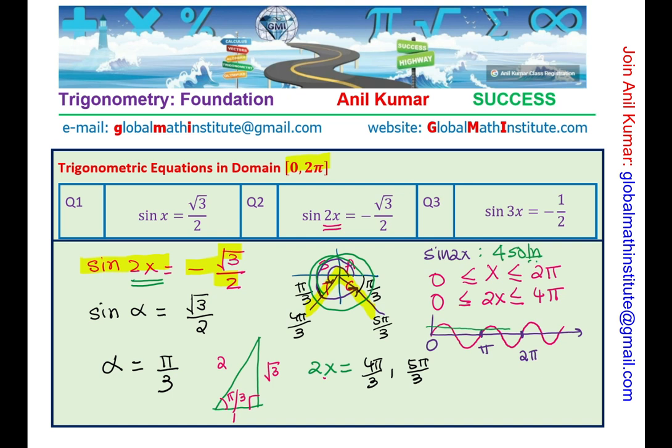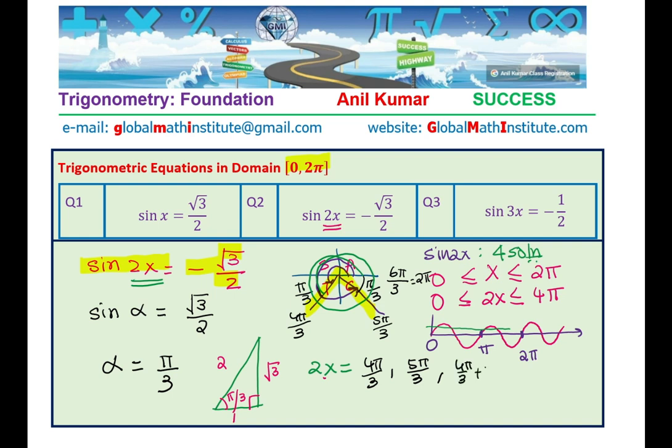So we get 10 pi by 3 after adding 2 pi. So the other two are 4 pi by 3 plus 2 pi and 5 pi by 3 plus 2 pi. You get the whole idea, right? That is what we are looking at.